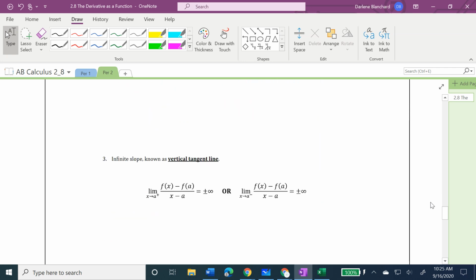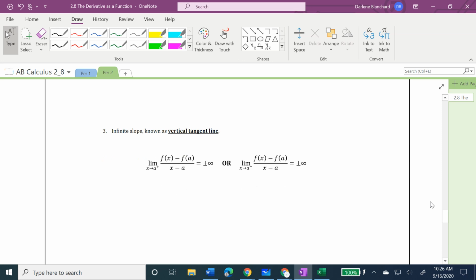And then the way we first saw was this, infinite slope. You are allowed to use the phrase vertical tangent line as a justification on the AP test because the word tangent line is a calculus word. Yay! Because that is a calculus word, you're allowed to use that phrase.